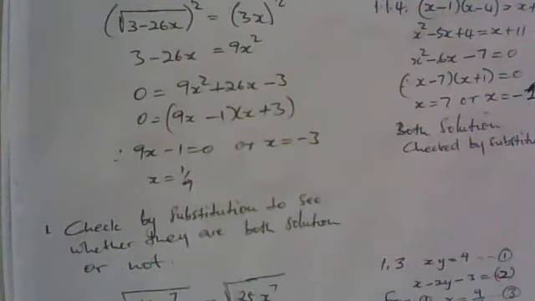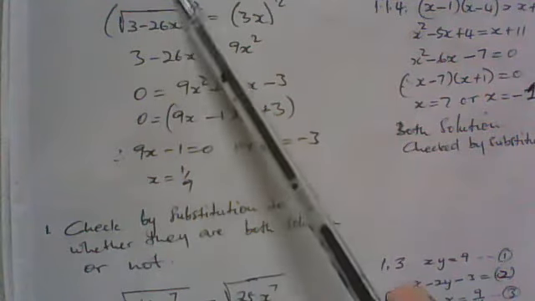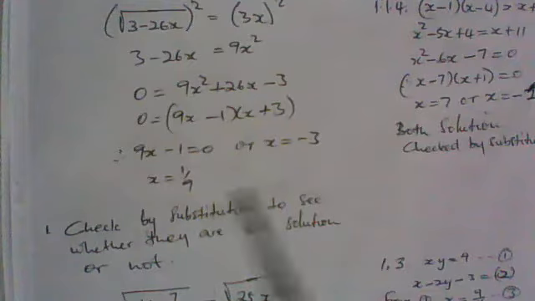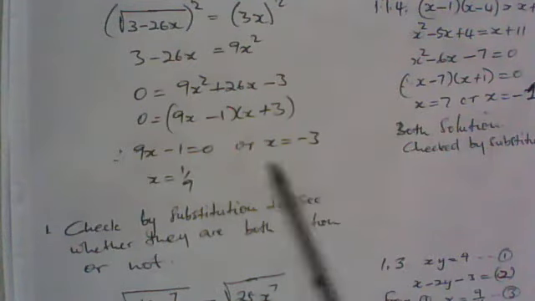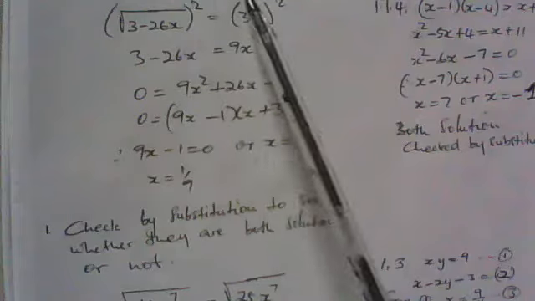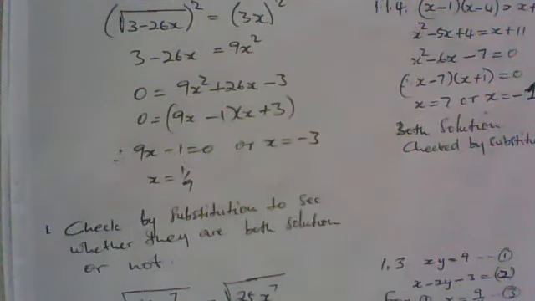In order to get the solutions, because you see that here you have a root sign, you need to substitute both in the equation. If the equation balances, then they are both solutions. If they don't, with one solution, then that particular solution is not part of the solution for this equation.